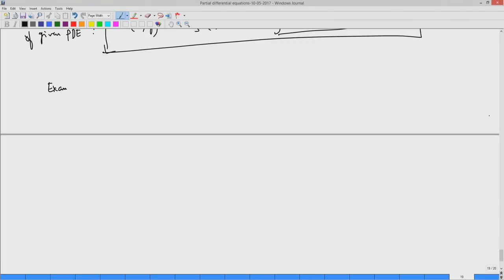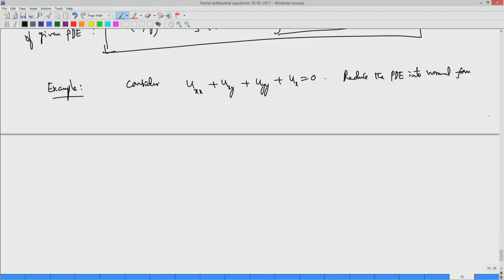Consider this equation: uxx plus uxy plus uyy plus ux equal to 0. Reduce the PDE into canonical form, reduce it into normal form. So how do we solve?